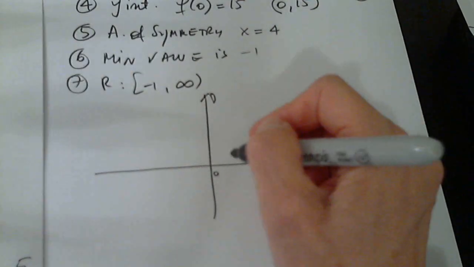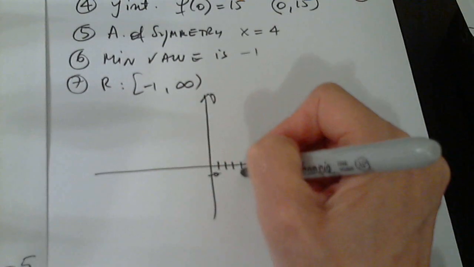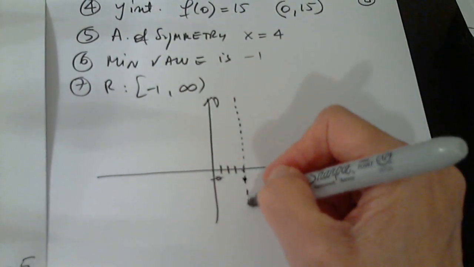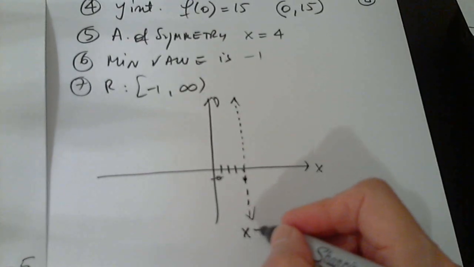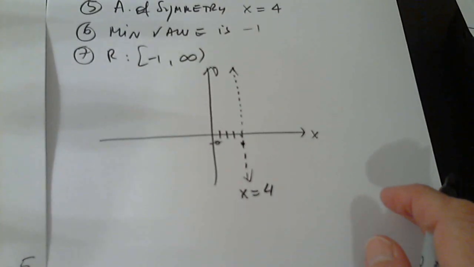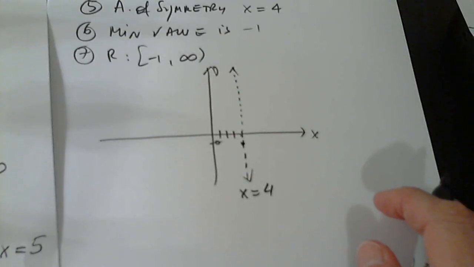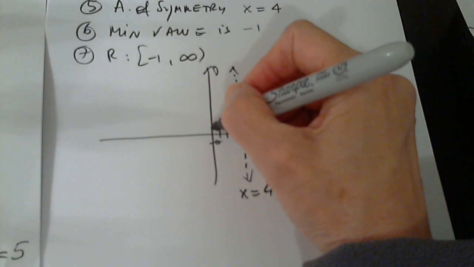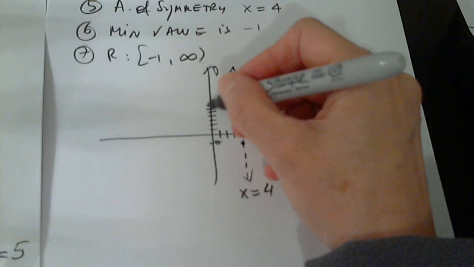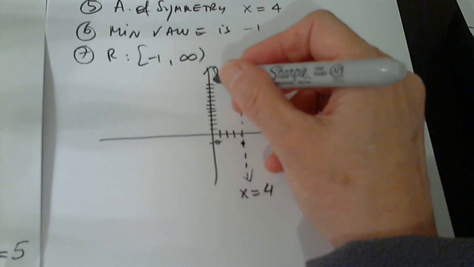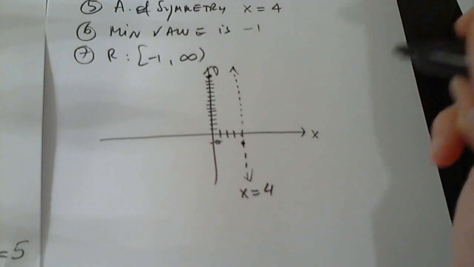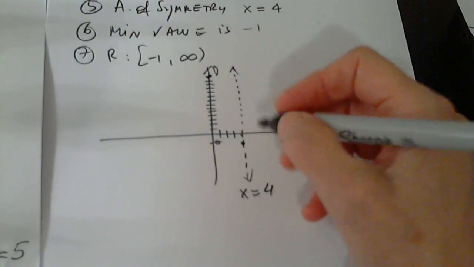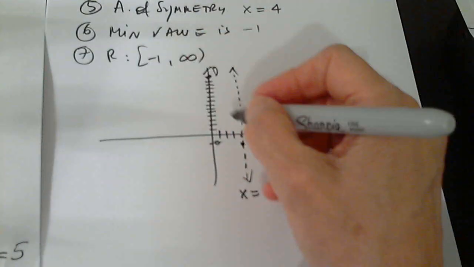We start with the vertex. 1, 2, 3, 4, negative 1, right here. Axis of symmetry: x equals 4. Y-intercept: 15. Perfect. X-intercepts: 5 and 3.